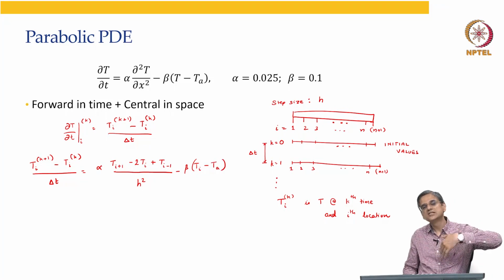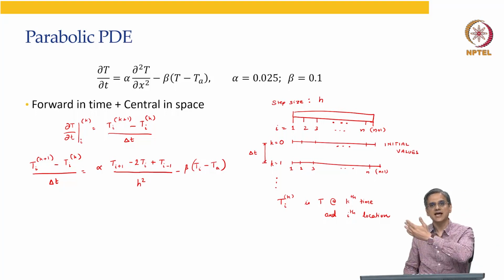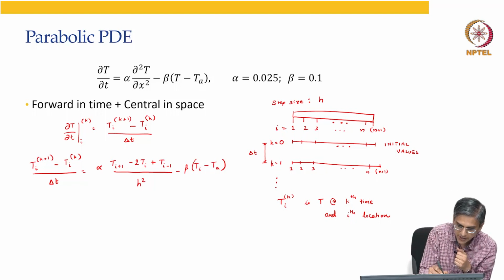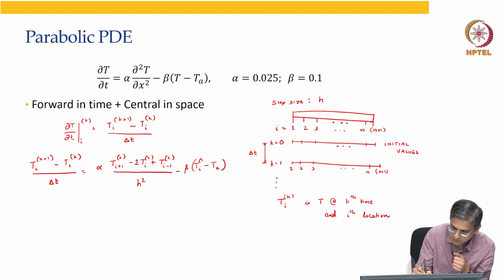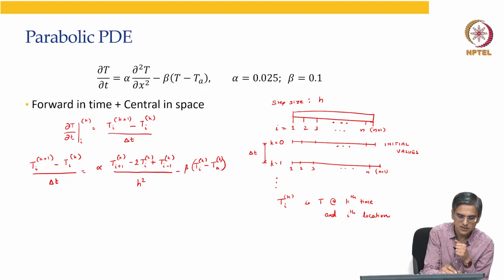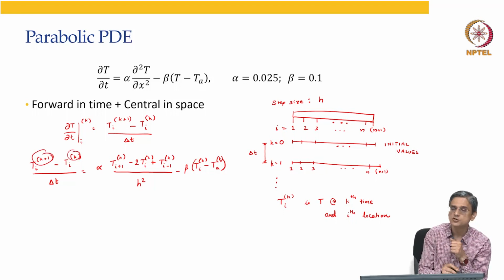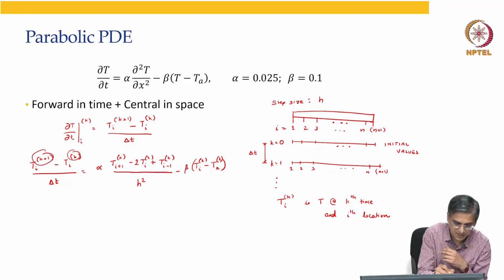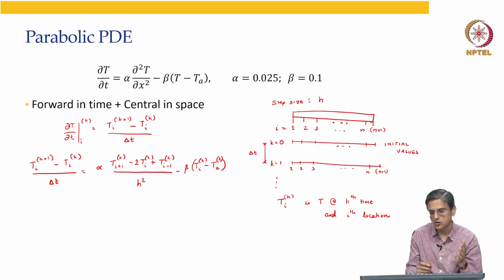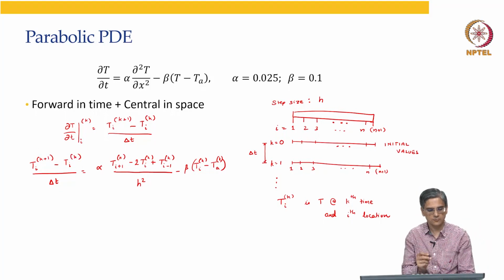Because this is forward in time, the T's are going to be used at time k. If this was backward in time, then these terms we would have used at k plus 1 and k instead of k and k minus 1. And this is basically what there is to it.